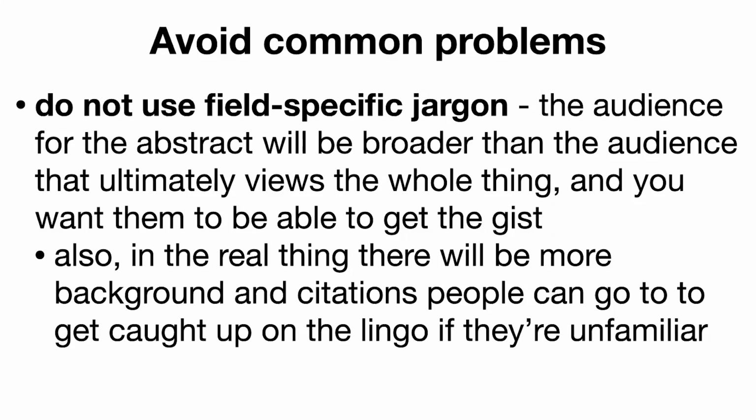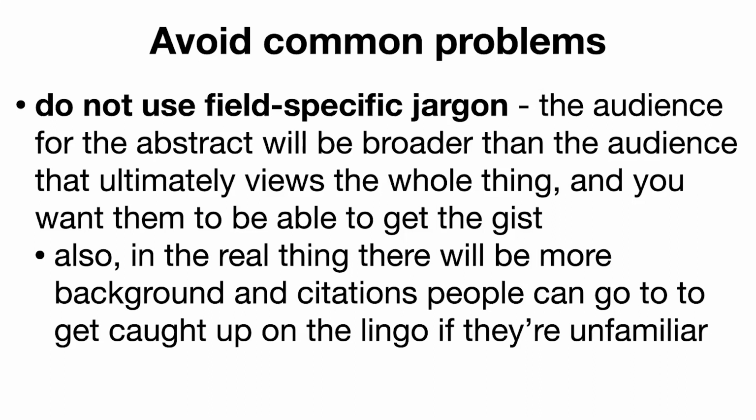You want those people to be able to understand things, so you want to avoid the super specific stuff. That could be in your paper, but in your paper, you're going to have more context, more room for background, and citations that people can go to so that they can get caught up on all that lingo if they're unfamiliar with it.